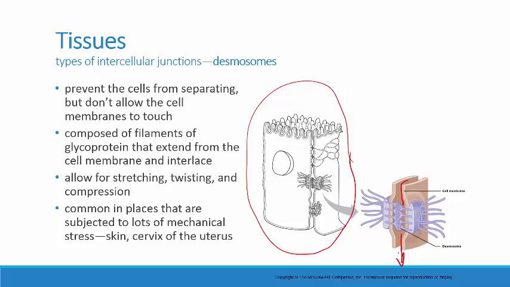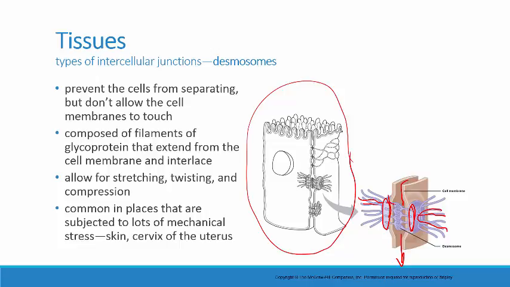The desmosome, that intercellular junction, is composed of filaments that extend from proteins. So here's a protein found on the inside of one cell, and a protein found on the inside of the other cell. These protein filaments reach in and interconnect with the cytoskeleton of the cell that we're talking about.